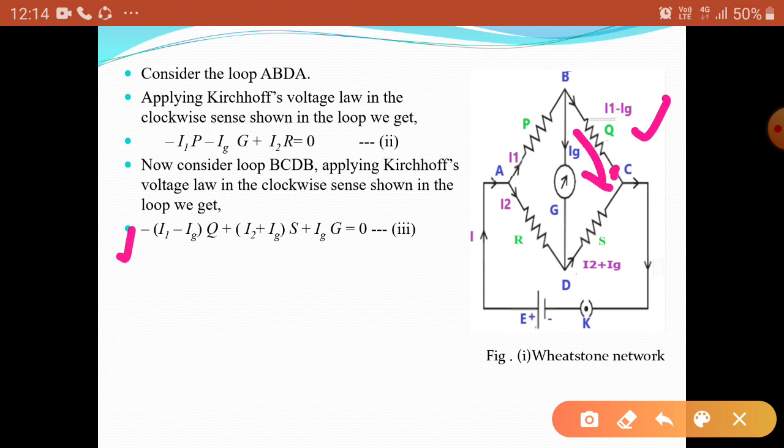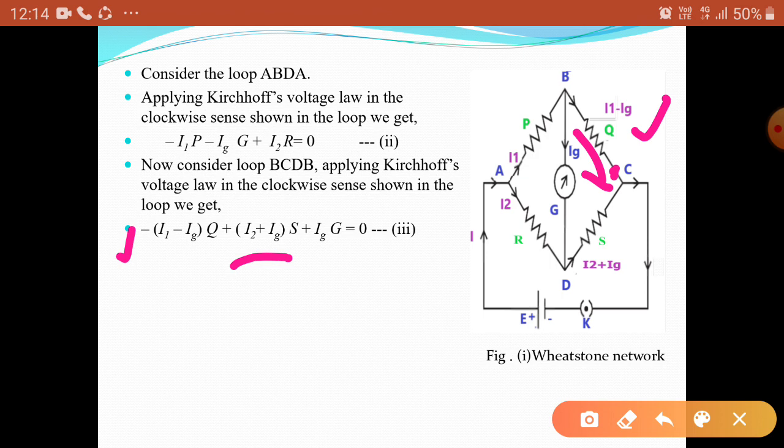That's why the potential difference is negative. That means minus into bracket I1 minus Ig through the Q resistance. That's why minus (I1 minus Ig) into Q. Then it reaches point C. Then the direction of conventional current and tracing of the loop is opposite. That's why the potential difference is positive: (I2 plus Ig) into S.